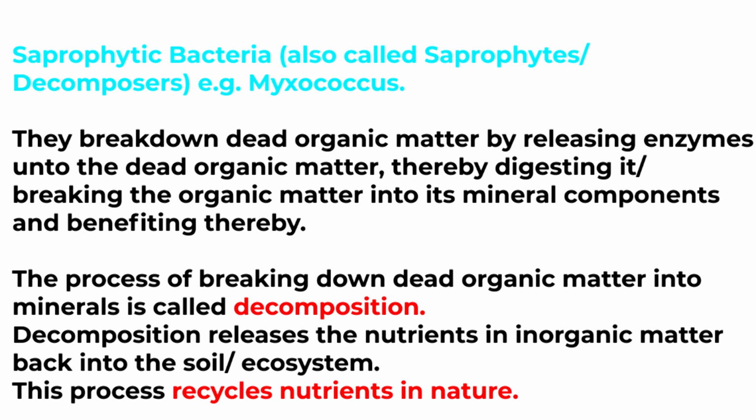Bacteria can grow in your food or in my food and cause decay, using the food substances to generate energy, and also use the nutrients for their benefit. One type of bacteria, Myxococcus, is named as a saprophytic bacteria.